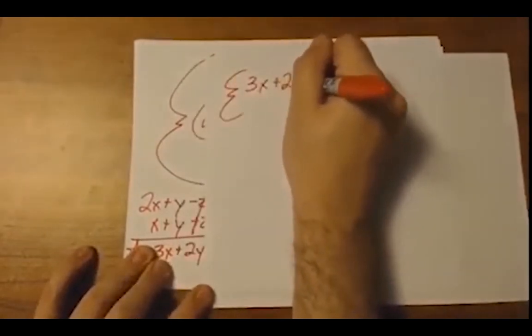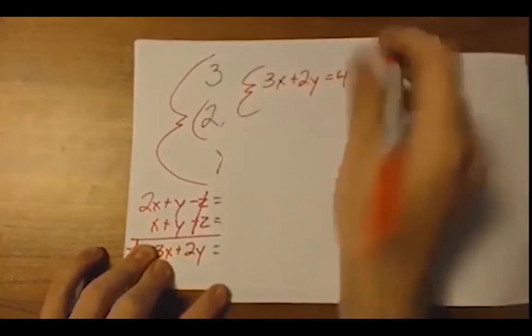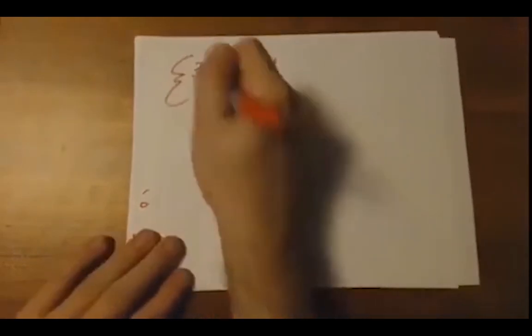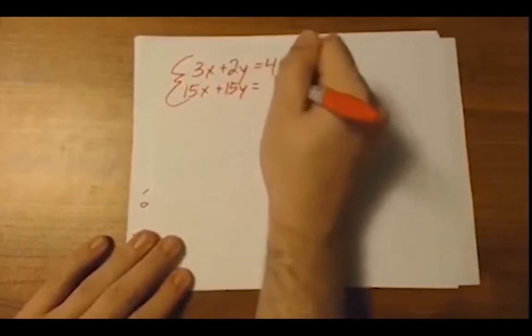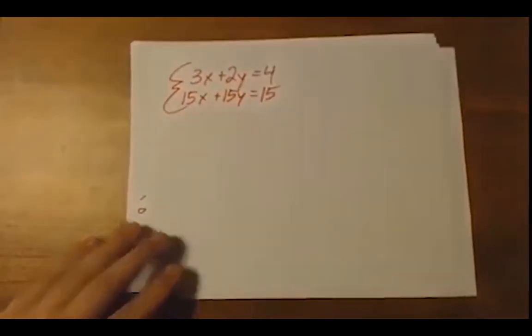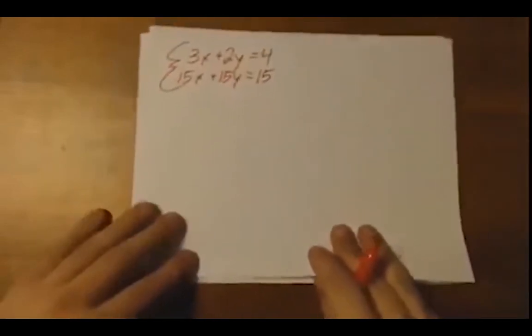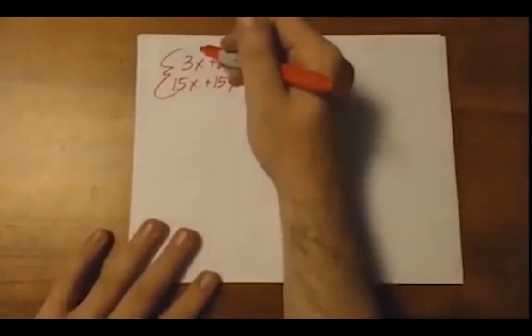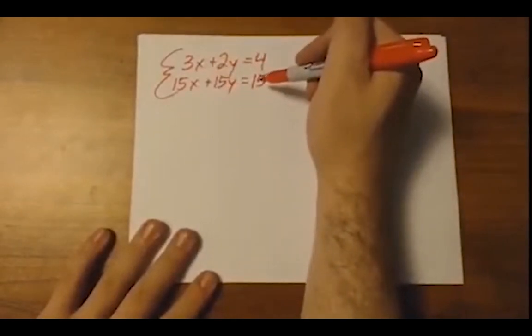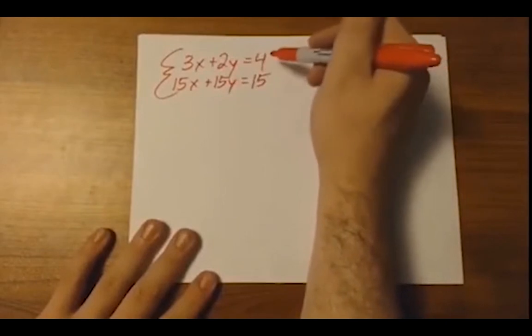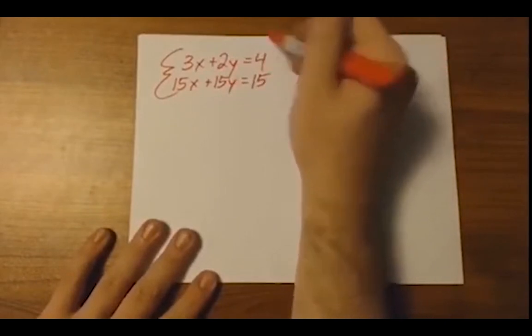Create a new system. 3x plus 2y equals 4. 15x plus 15y equals 15. All the signs are the same. I can't easily multiply 2 to 15. I can't easily multiply 4 to 15.